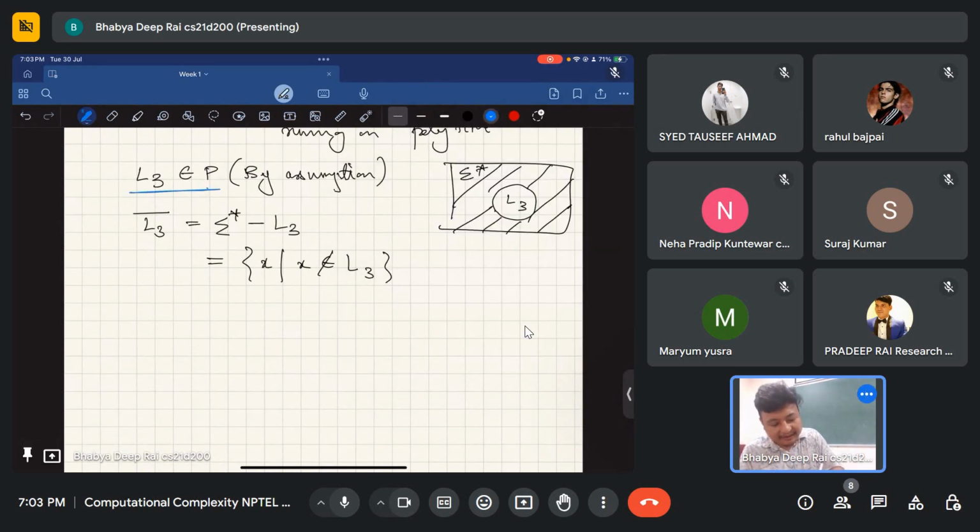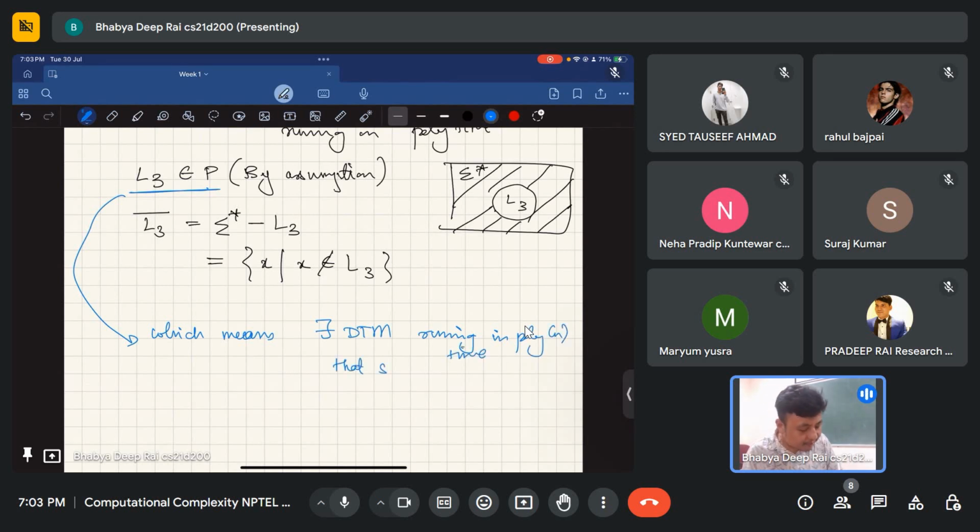L3 is in P, which means there is a deterministic Turing machine running in polynomial time that solves L3. What do I mean it solves L3?